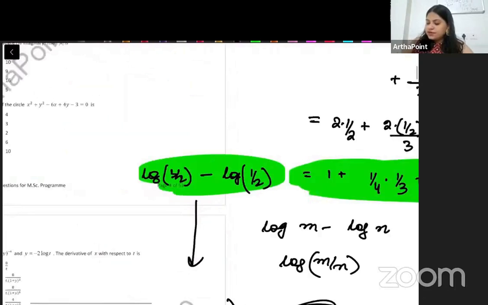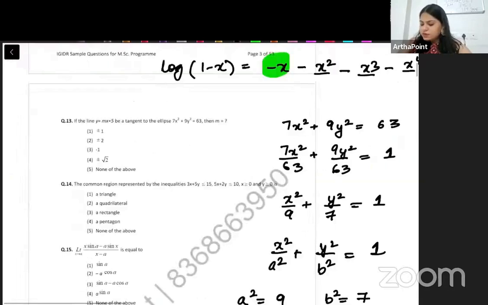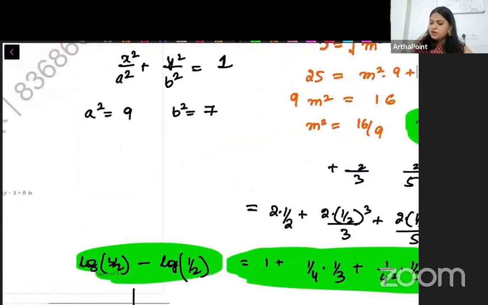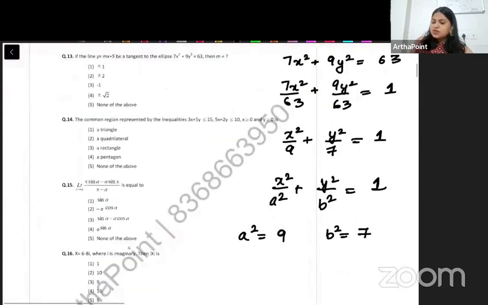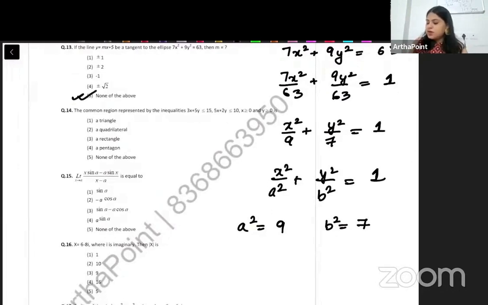I'm not sure if I've done some calculation mistake. Just have a look at that once. Otherwise, according to me, it should be none of the above. The answer to question number 13 should be 5. It should be none of the above.